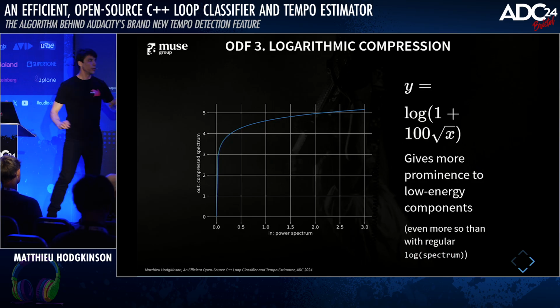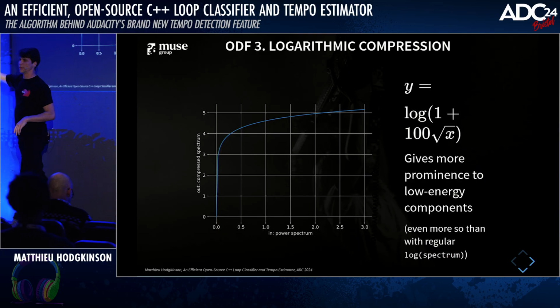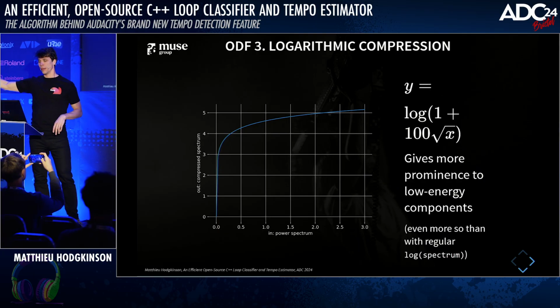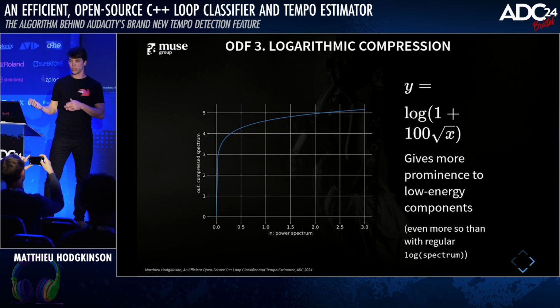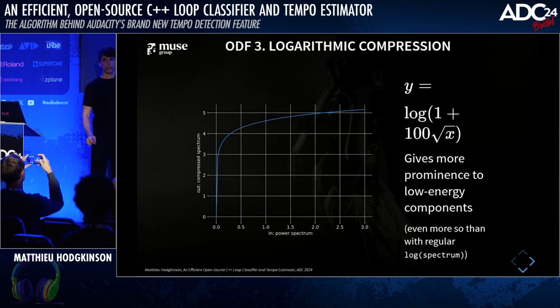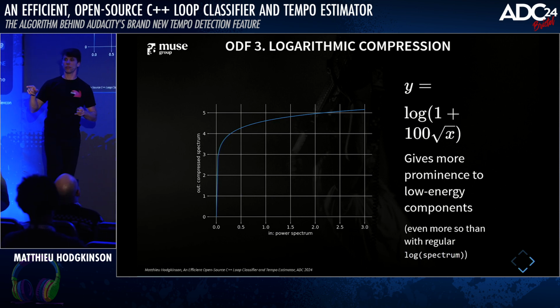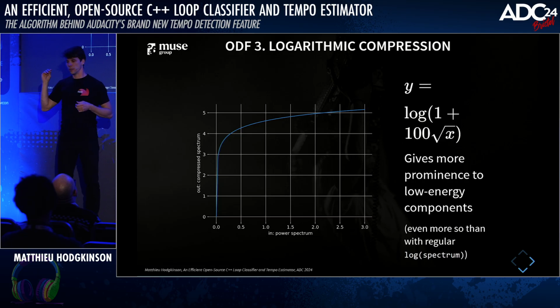Next thing that we do is we do a logarithmic compression. So the spectrum that I was shown was actually already compressed. But the input to this guy is just the power spectrum without taking the log. And here what we do is we do something more aggressive than just taking the log. You all know that small amplitude sounds are very easily detected by the ear, right?